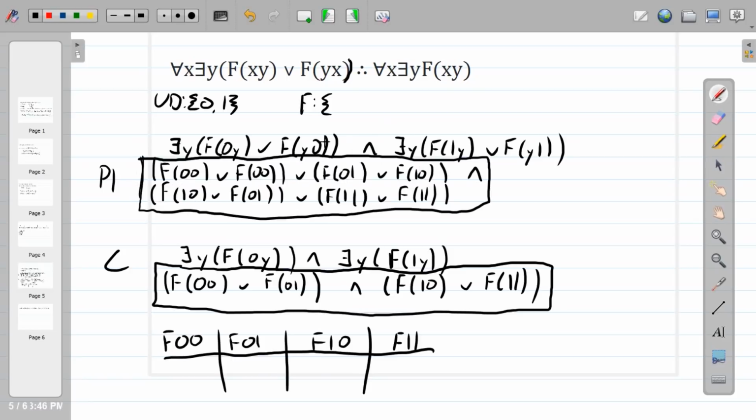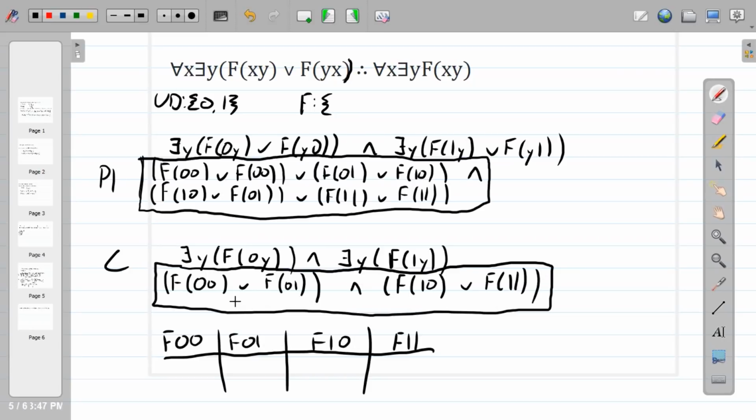So because this looks easy, I'm going to try to figure out what makes the conclusion false first, and then go back and see if I can make the premise true in a way that's consistent. So to make this thing false, I just need to make one of the conjuncts false. But to make one of the conjuncts false, I need to make both of these disjuncts false, either this set or this set.